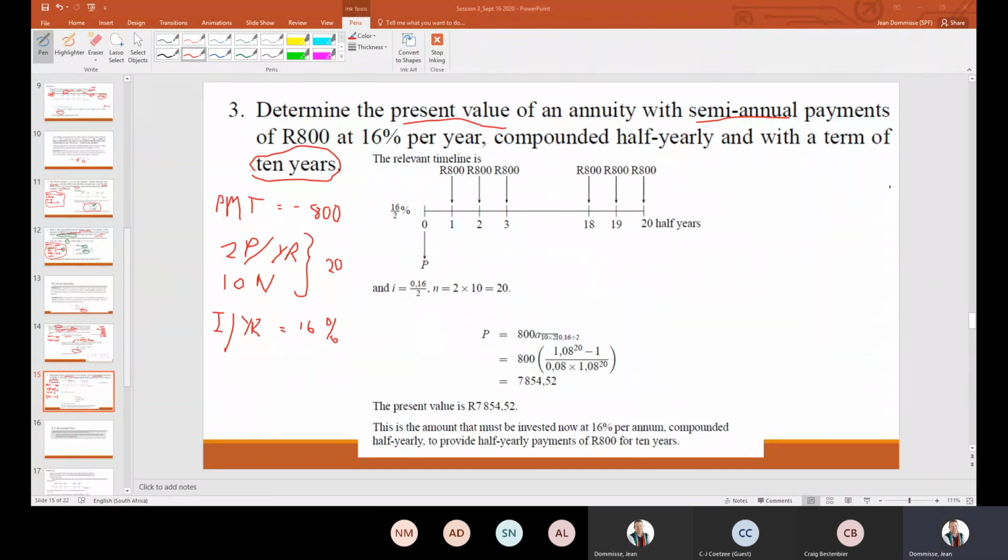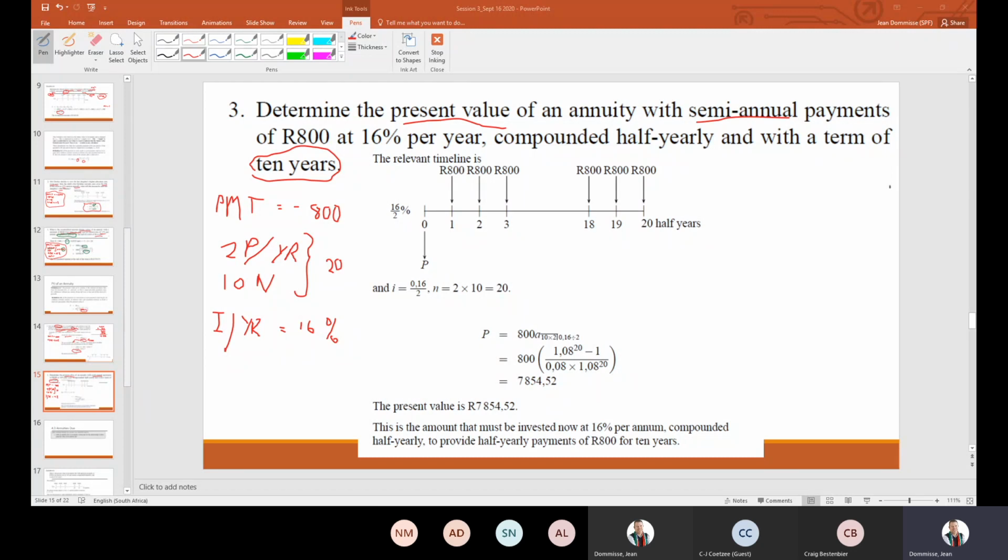Sorry, I had a cough there. And then my interest rate is 16%. And then if I work out my present value, it will give me 7854.5179, which rounded off will give me 7854.52. Okay, so that is basically just again a way to get to the present value calculation.